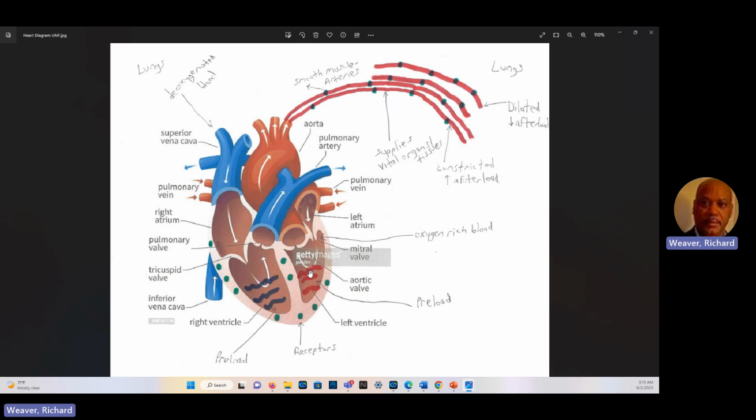When that volume is exceeded because blood is not moving forward, then we have to do something to help out an ailing heart. One of the things we do is give a diuretic, which you saw on the previous slide. That's one of the medications we can use to reduce preload so that the heart is not overwhelmed with a lot of volume.